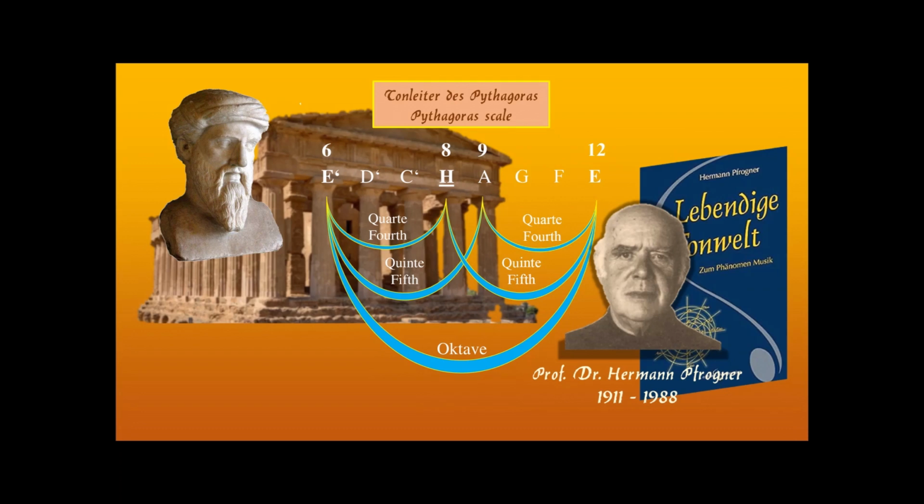The musicologist Hermann Pfrogner writes in Lebendige Tonwelt, the change to the Terpander scale carried out by Pythagoras was an ingenious move of penetrating wisdom, which reveals its author to be a truly enlightened mind at the height of his overview of the context of musical development.